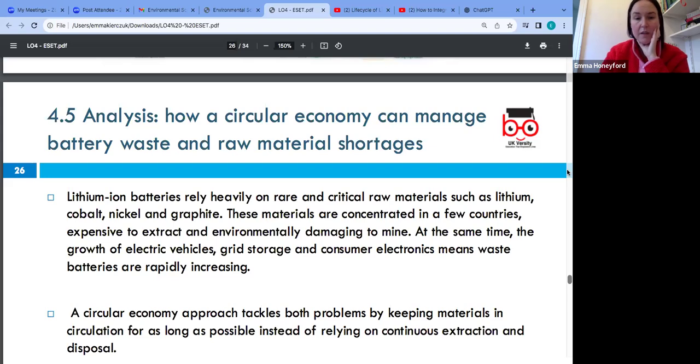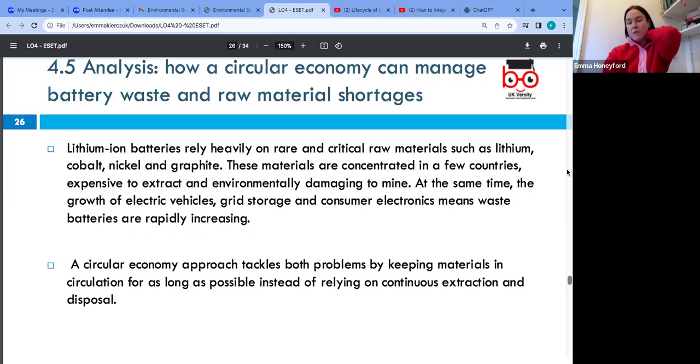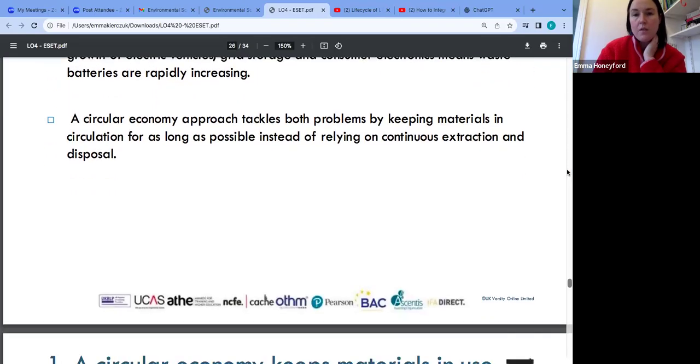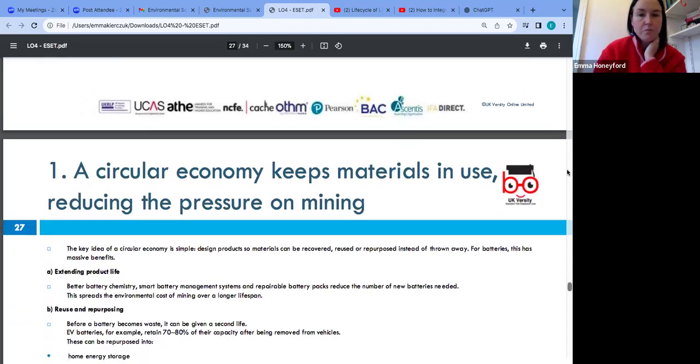At the same time, the growth of electric vehicles, grid storage and consumer electronics means waste batteries are rapidly increasing. So we know that the market has grown massively in terms of electric vehicles, but we just have to have an awareness of how that is stored and what happens to the lithium batteries once their use is no more.